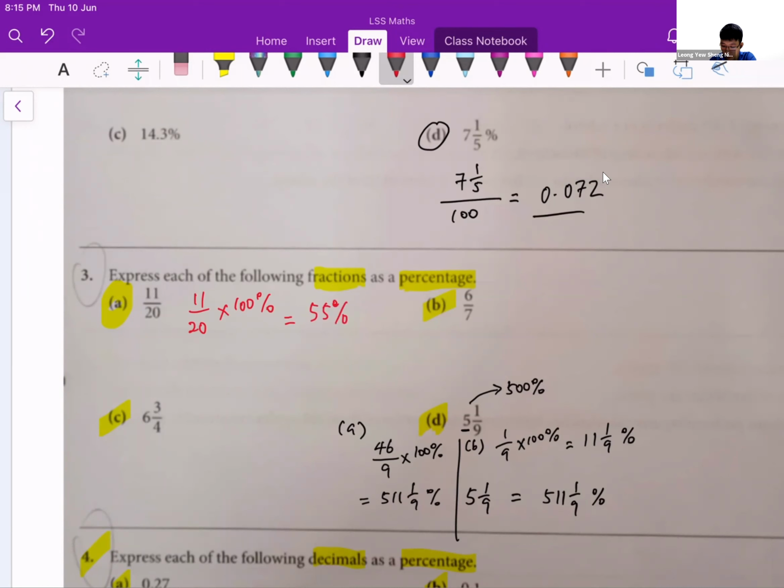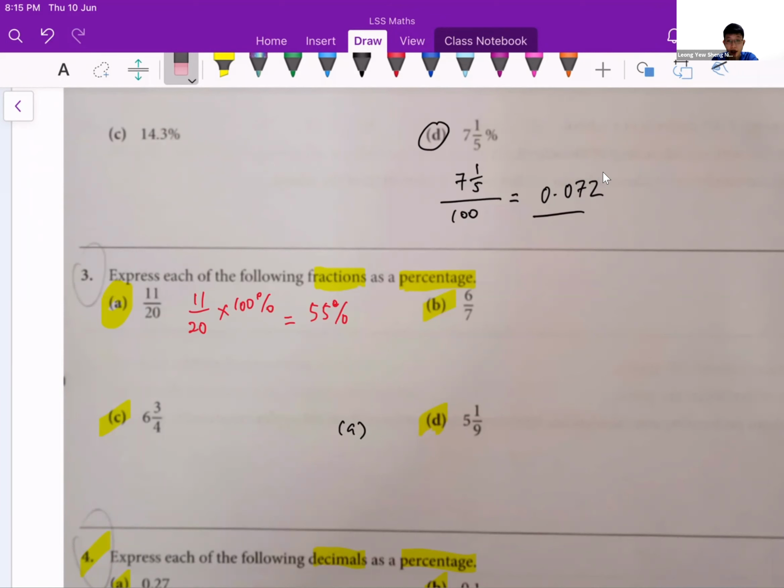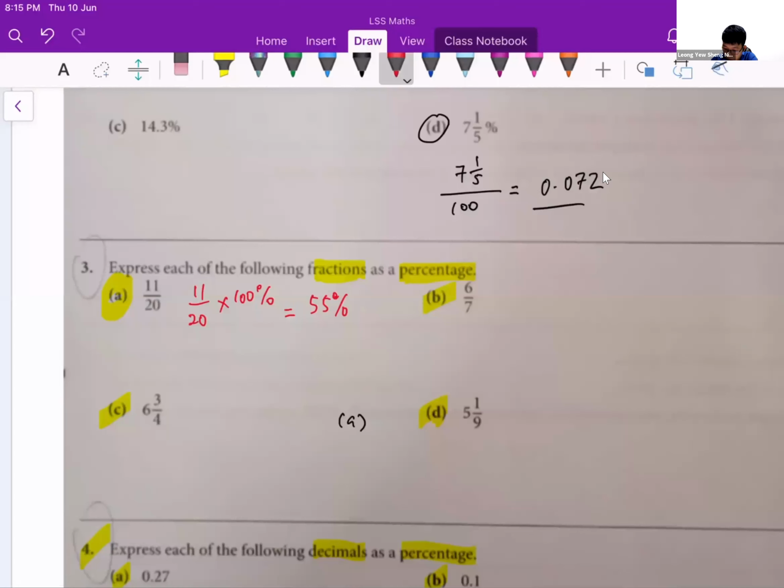And the rest also, for example, the one at the bottom. For this case, I have a mixed fraction, 5 whole and 1 over 9. So how do I convert it to percentage? Whenever you get a mixed fraction, the first thing to do is convert it to an improper fraction.